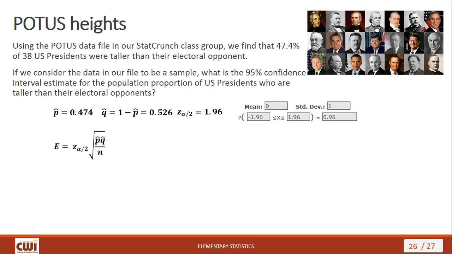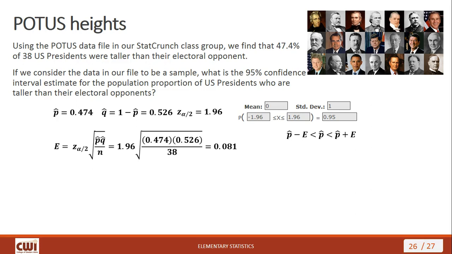Now we have everything we need to calculate our margin of error, so we plug in the values that we know: 1.96 for our critical value z-score, 0.474 for p hat, 0.526 for q hat, 38 is our sample size. Punch this out on our calculator, and out comes 0.081. We then have everything we need to calculate our confidence interval.